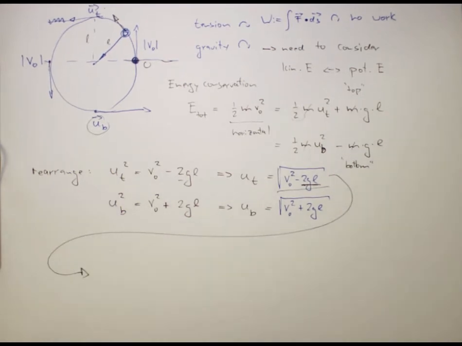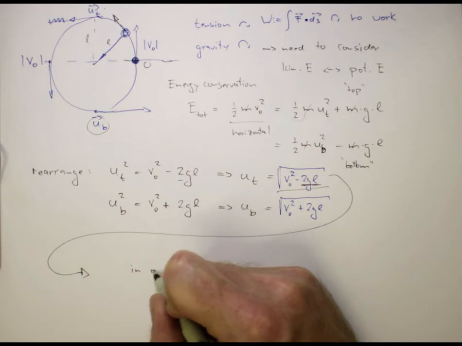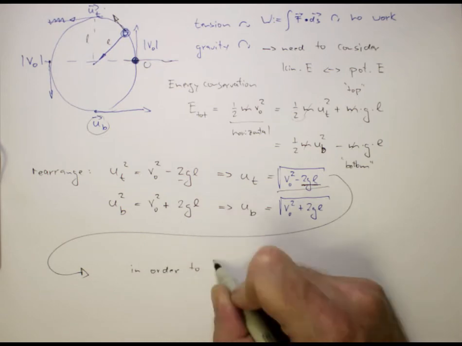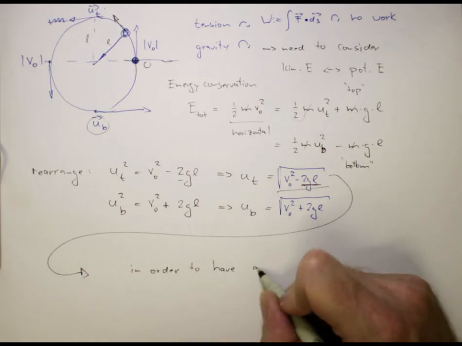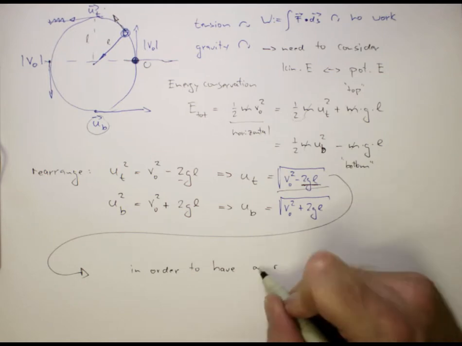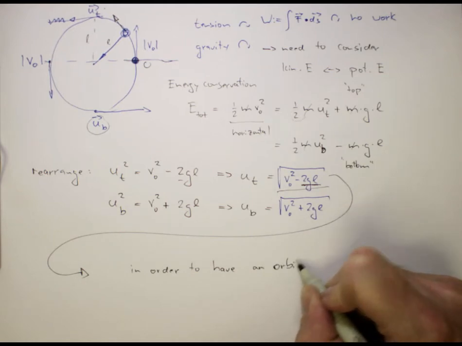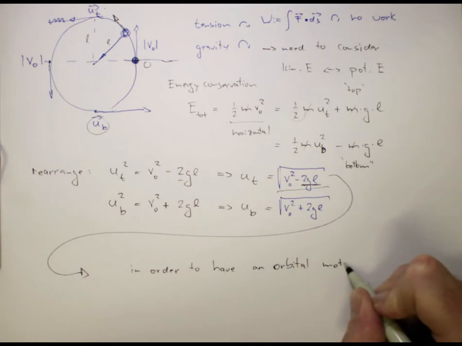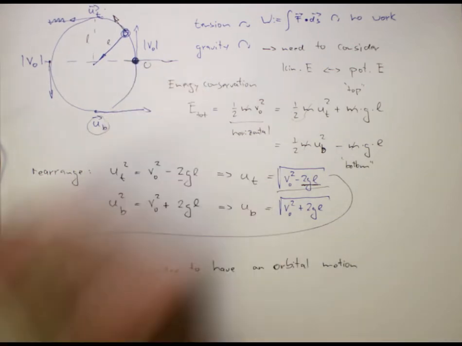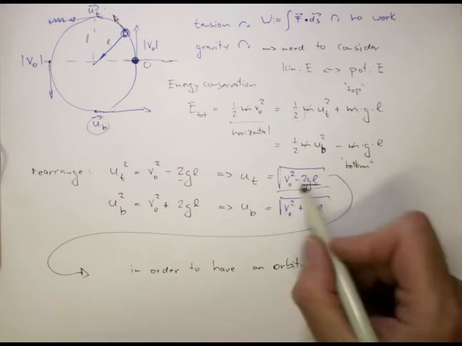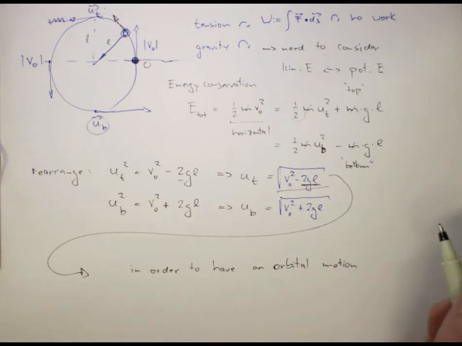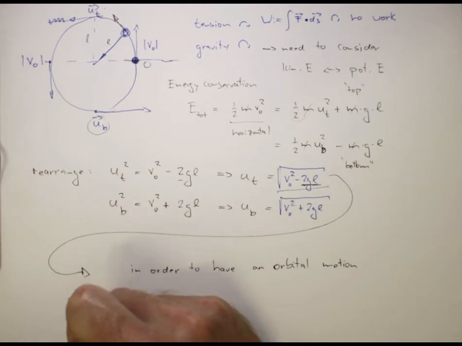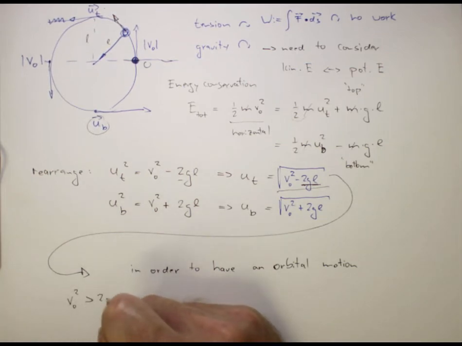It means that in order to keep that ball, that tennis ball, on a circular orbit, the square of the speed in the horizontal position, v0 squared, has to be larger than 2gL.